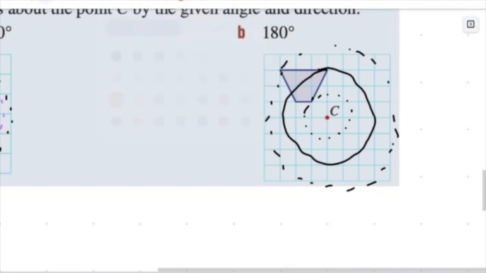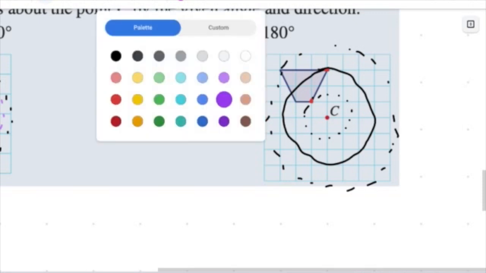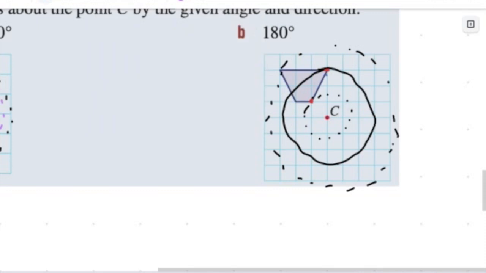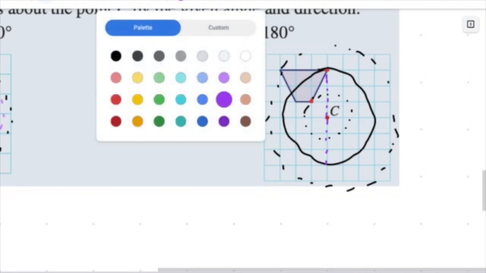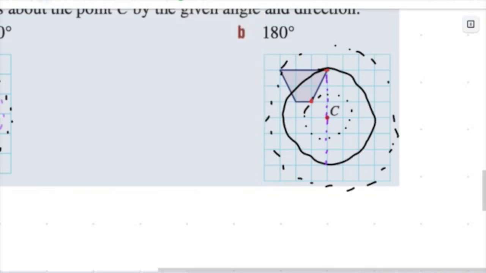Now, a good way to visualize something like this is through these different points. We're going to once again attack this with a certain number of points here. Now, if I drew this point up the top here and I drew a straight line down, remember 180 degrees is just the angle along a straight line. So this particular one here on both sides is 180 degrees.